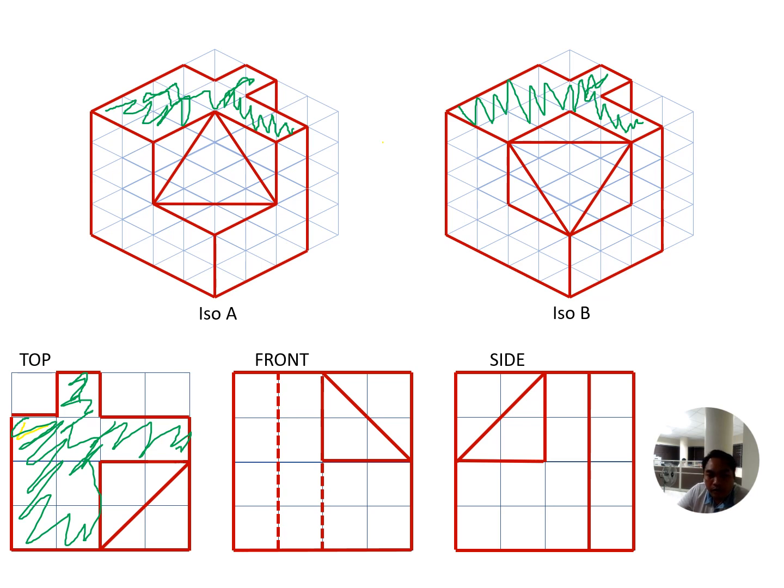Next, from the front view, one of your troubles was on reading the invisible lines. Some of you put the invisible line in the front portion, or I mean in the outermost face. However, these invisible lines here, meaning they are being covered in your isometric figure. And if we are to locate them, these lines are shown at this portion.